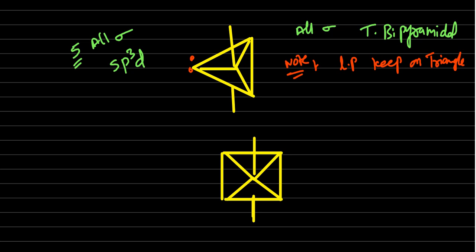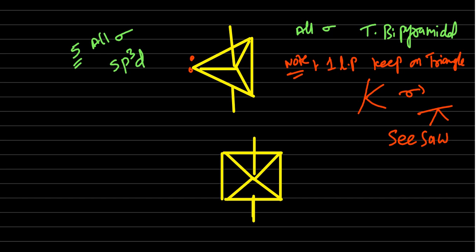Then the shape is like this. Rotate this structure and it looks like this. That is the seesaw structure. Total 5, if one lone pair is there, your structure is seesaw.